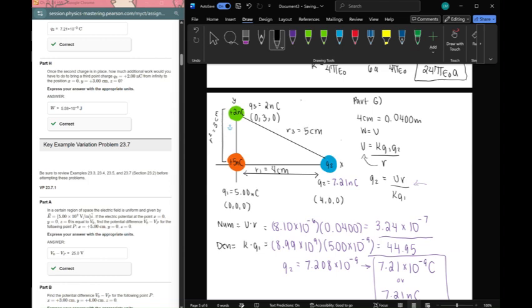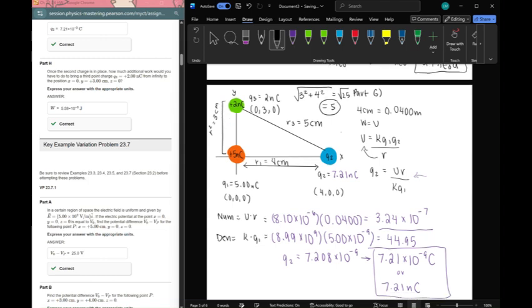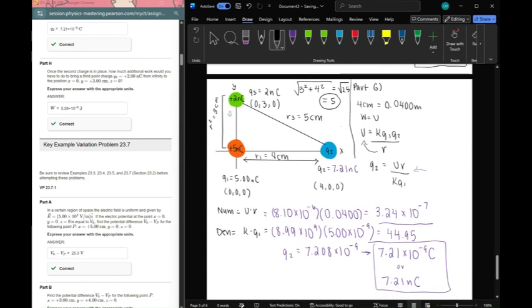This is because if you do 3 squared plus 4 squared, it's gonna give us 25, and that's gonna give us 5 centimeters regardless. So it's definitely a 3 by 4 by 5 right triangle.